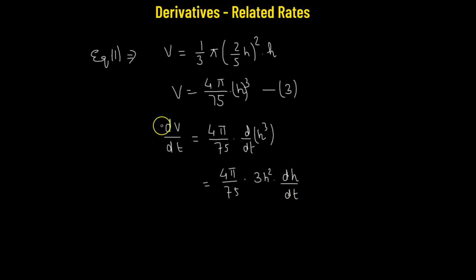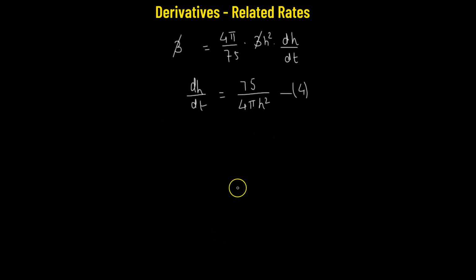In the question itself, it was given that the rate of change of volume is 3 cubic feet per minute. So this 3 and this 3 cancel out, and dh over dt will then be 75 over 4 pi h squared. This is the expression for the change in height.